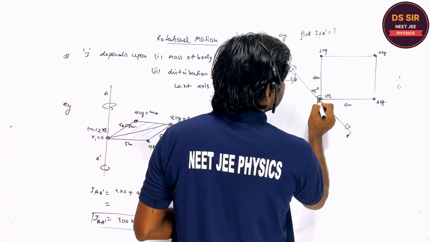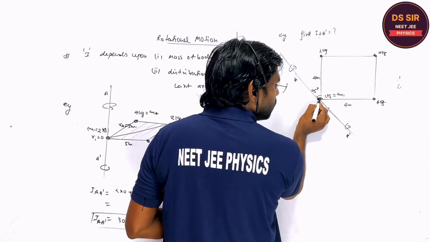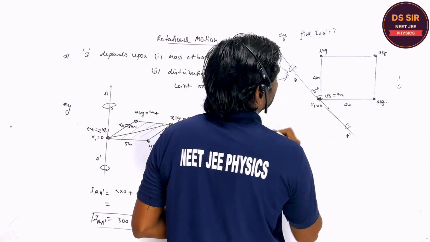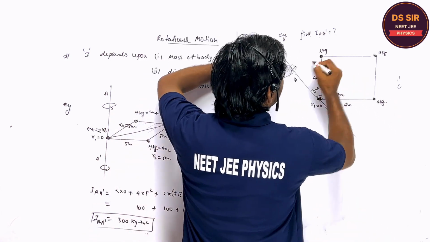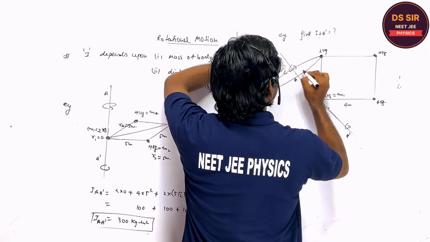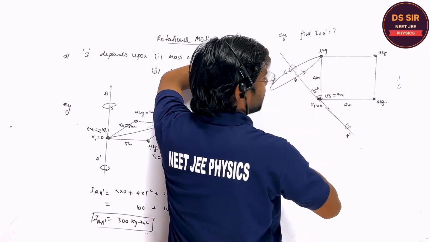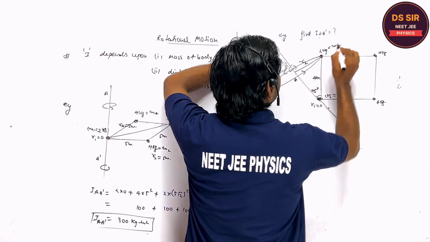So about this axis, if you assume this is the M1, this is present on the axis. So R1 is what? Say 0, right? And if you consider this is the point mass, and this is the axis of rotation, this point mass is rotating about this axis like this. So it would be the radius r2 if I assume this is the m2.